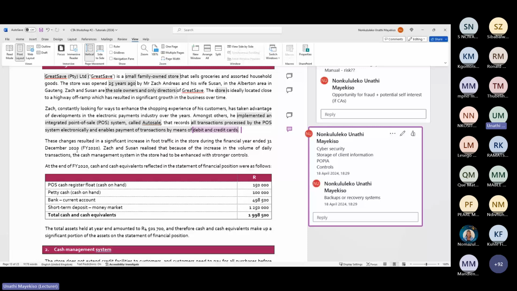The short-term deposit, which is a money market account, had 1,250,000 Rand, and the total cash and cash equivalents had 1,998,500 Rand. Total assets held at the end of the year amounted to 4,501,700 Rand, and therefore cash and cash equivalents make up a significant portion of the assets on the statement of financial position. What do we think there?